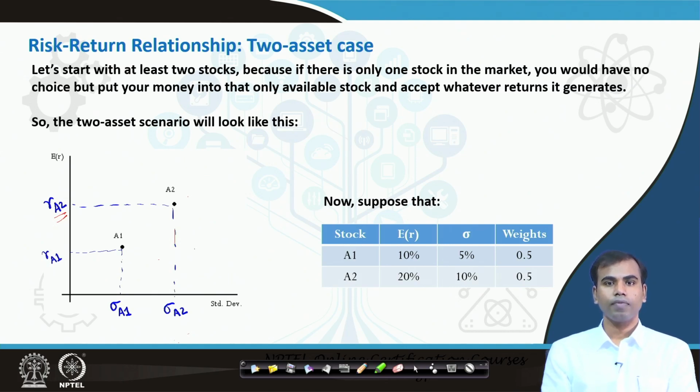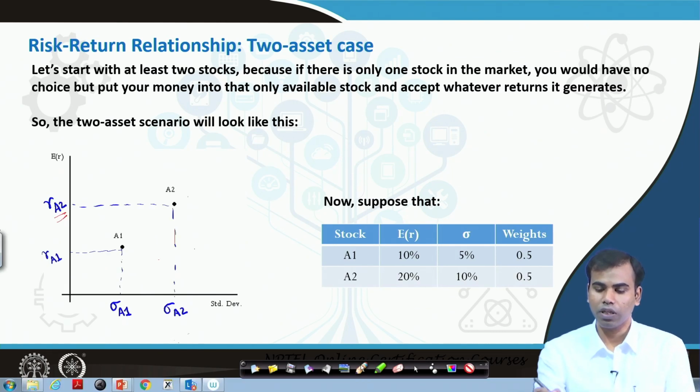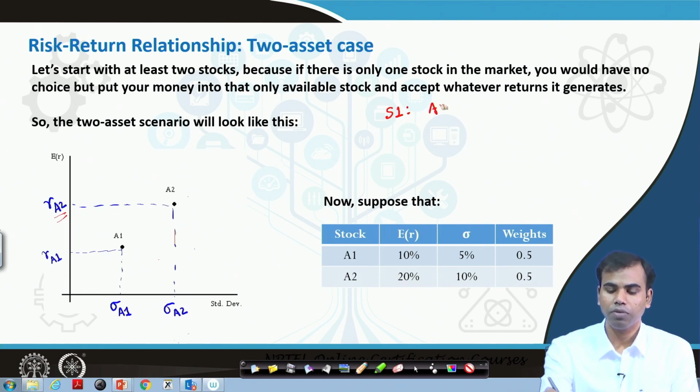If we try to create a portfolio of these two assets, we can assign weights. For example, if we have 100 rupees to invest and we have the choice to invest in either A or B or a combination of A and B, we have multiple scenarios. Scenario 1 would be to invest 100 rupees in A1 and 0 rupees in A2.